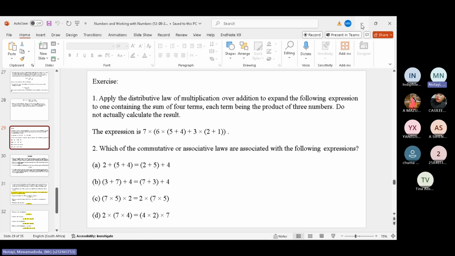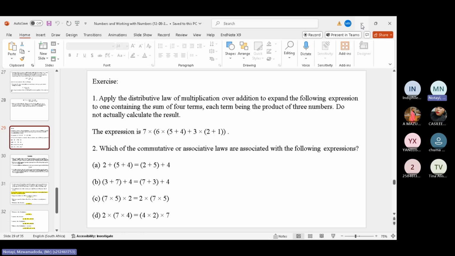And then what is the third term? 7 times 3 times 2 is the third term, and the final term.